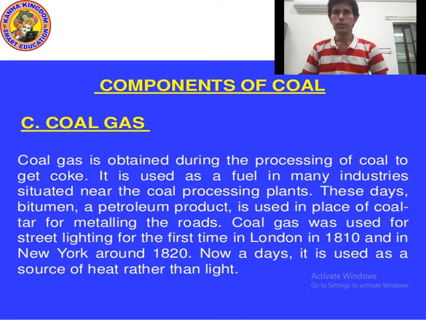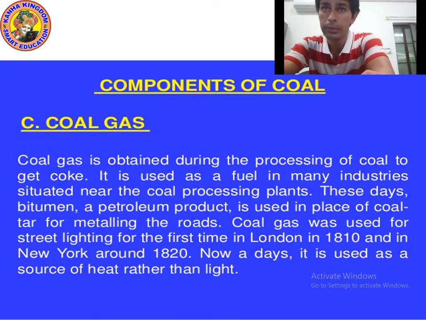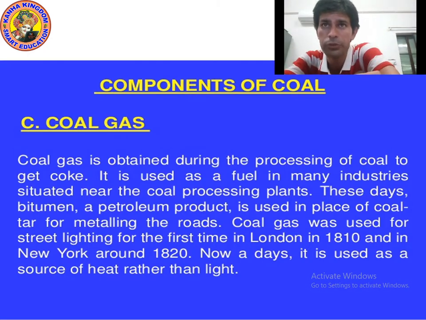These industries are situated near the coal processing plants. Coal gas was used for street lighting. It was first used in 1810 in London.